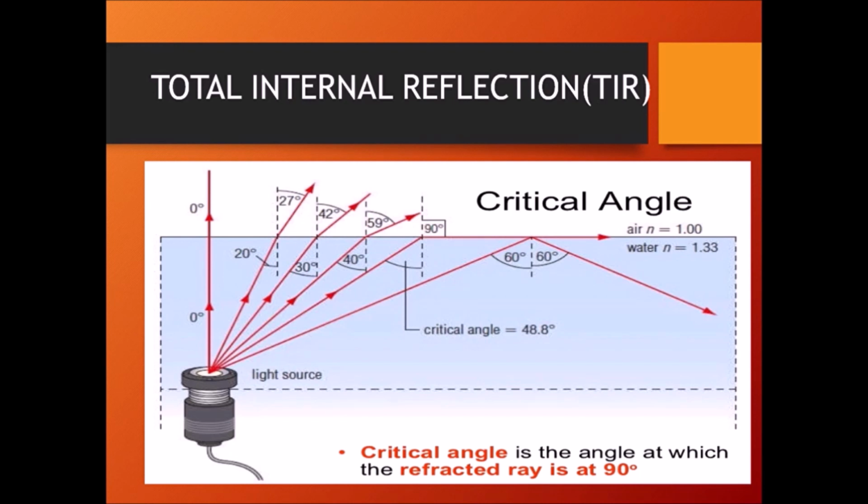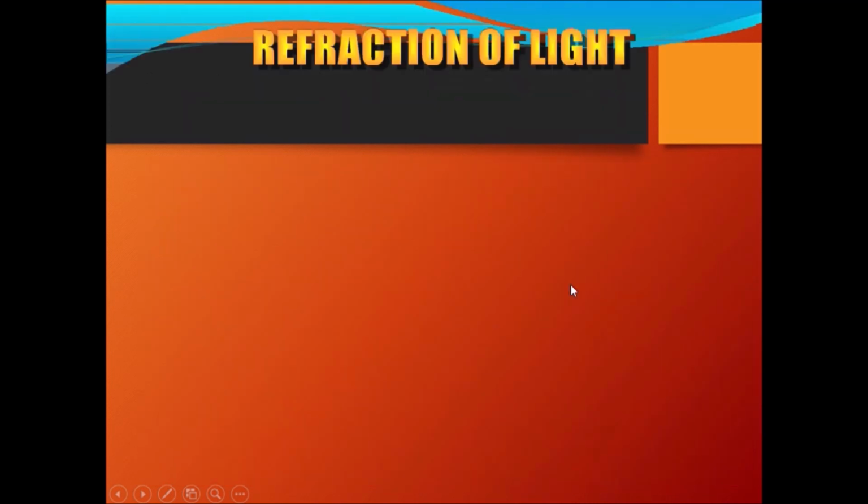I repeat, when will total internal reflection take place? When the angle of incidence is more than the critical angle. And what is the critical angle? It is that angle of incidence at which the angle of refraction is 90 degrees. So here the angle of incidence is more than the critical angle, so that is why it is internally reflected.